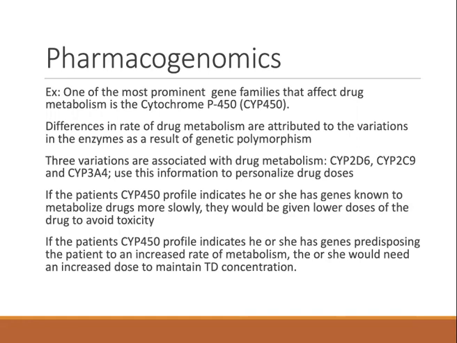Okay, so one of the most prominent gene families that affect drug metabolism is the cytochrome P450, the CYP450. The differences in rate of drug metabolism are attributed to the variations in the enzymes as a result of a genetic polymorphism.